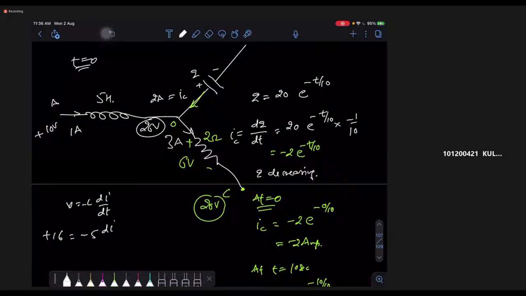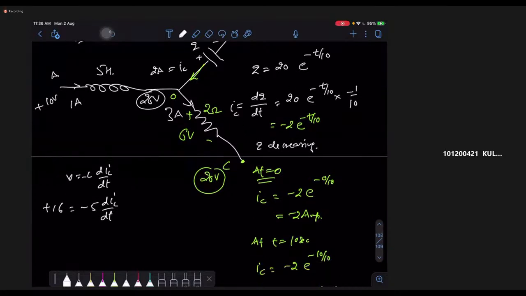L is 5. So I'm getting di by dt for the inductor. How much di by dt am I getting? It's going to be minus 3.2. So in my inductor, current is decreasing at the rate of 3.2. Right?